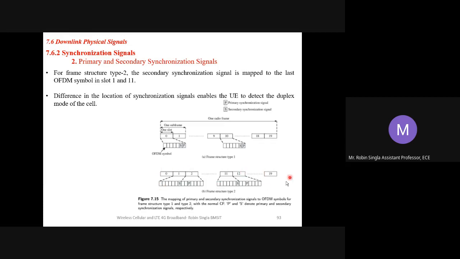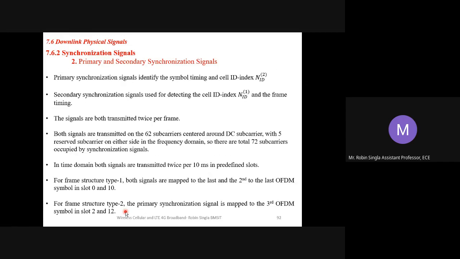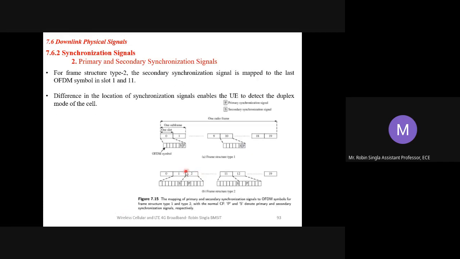Secondary is mapped to the last symbol of slot 1 and slot 11. Primary is mapped to slot 2 and 12. So this is your slot 2.